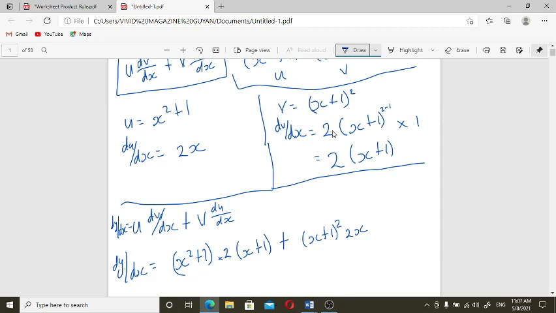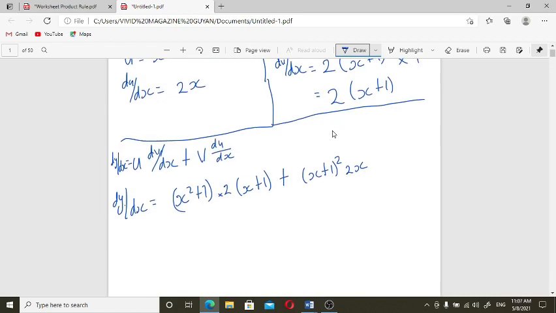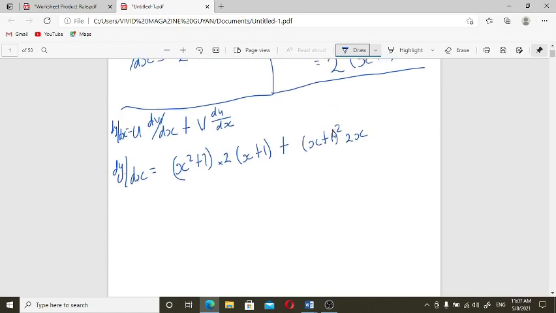Now, at this point, I would go ahead and factorize. Other persons may do some additional work, but for me, I'll just go ahead and factorize. So we notice that we have x plus 1 here and x plus 1 all squared, which means we could take out one of the x plus 1 brackets.